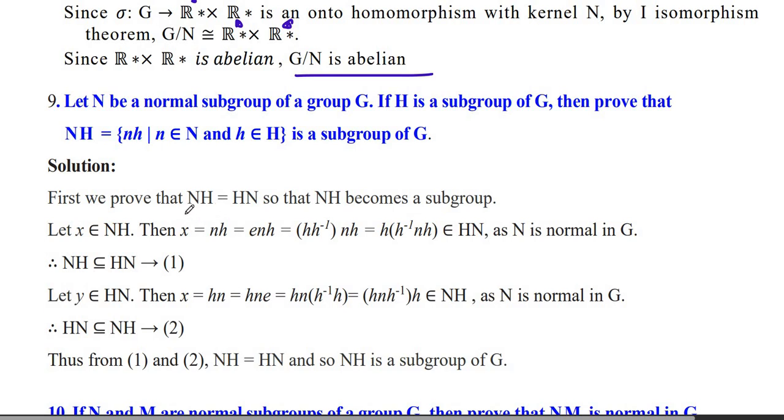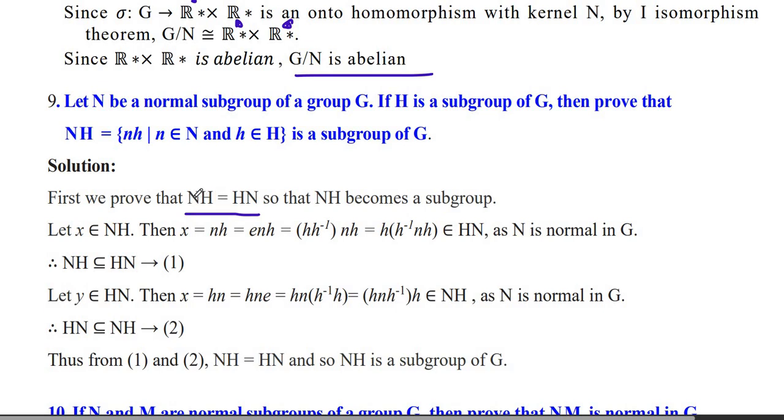Then there is another method which is easier than the traditional method. We make use of the criterion that for H and K subgroups, HK is a subgroup if and only if HK equals KH. That is one of the theorems that we established in section 2.5. So we make use of that technique to prove that NH is a subgroup.